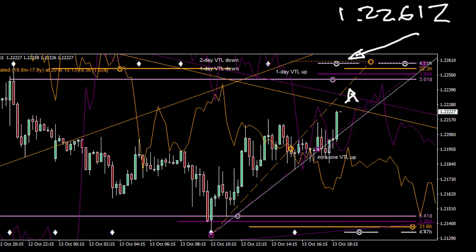So that's the target level for that move. It's been adjusted downwards, but the reason why it's been adjusted downwards is because it took price a long time to cross that FLD line. That is why the FLD targets are adjusted dynamically by the FLD indicator.